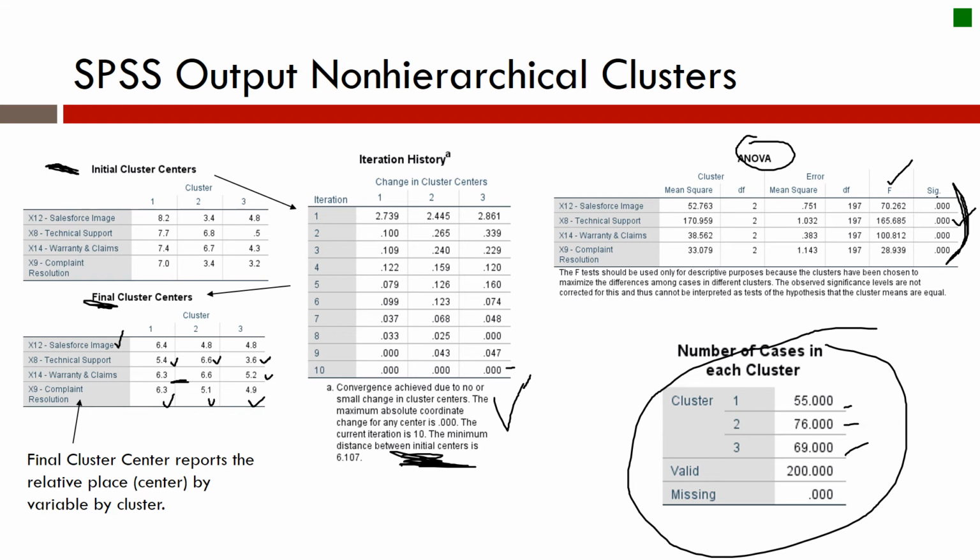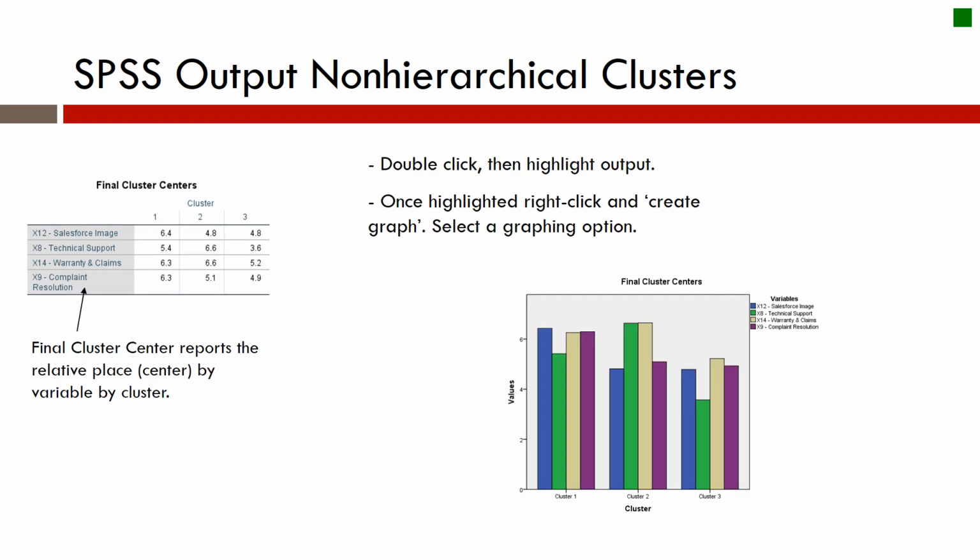If we looked a little closer at the final cluster center box, this output table, you can actually double click on it, and when you double click on this box, you can produce tables which show and illustrate graphically the difference between our clusters and the different variables that are here. So graphically then, we can see cluster 1 is very high in the Salesforce image, whereas in cluster 2 and 3 they're lower and about even.